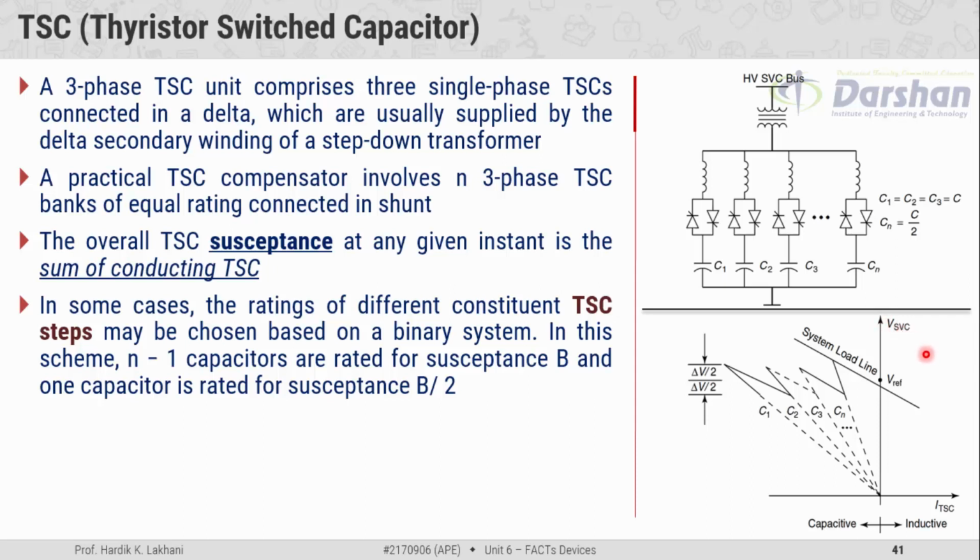So by using this type of compensator, we do not get any control on the inductive side because no inductive element is present in the construction of TAC. And whatever inductive element is present is only for limiting the current transients during the voltage disturbance condition. So we get control only in the leading power factor range, that is on the capacitive side.